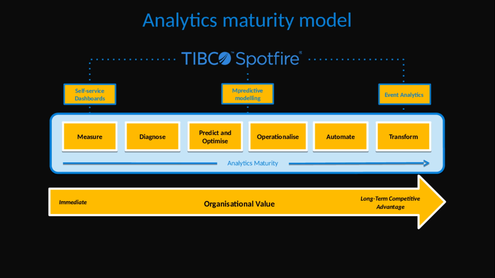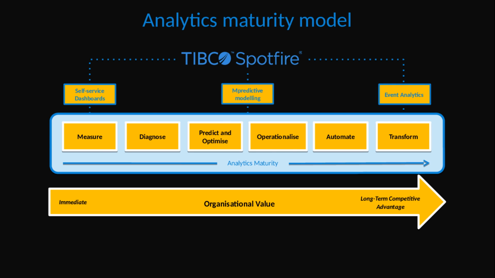So if that makes sense, that means that Spotfire is the only engine, and I can say that in confidence, that allows the business end user to have an easy interface to handle all those 6 tasks of analytics maturity.